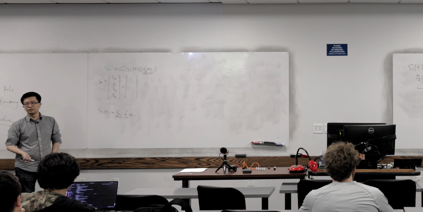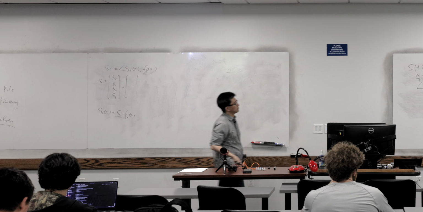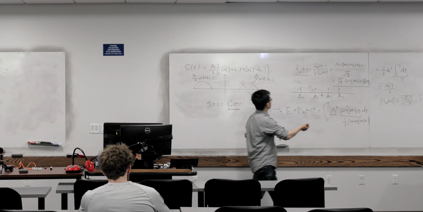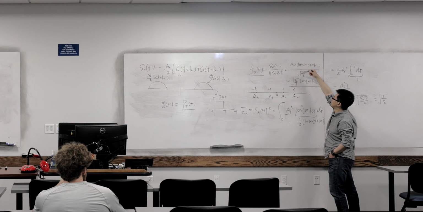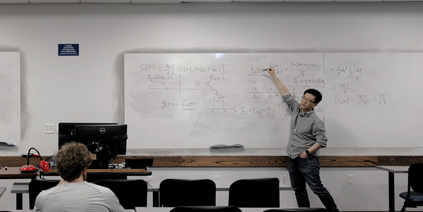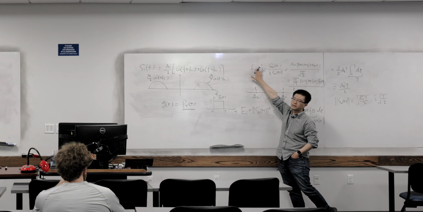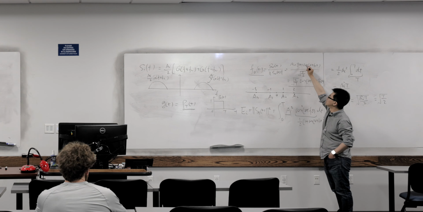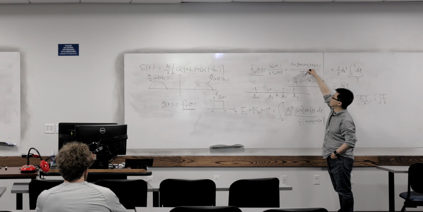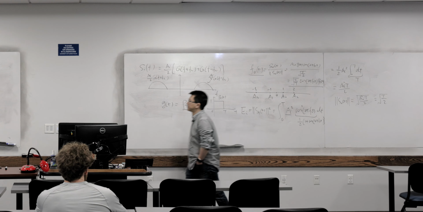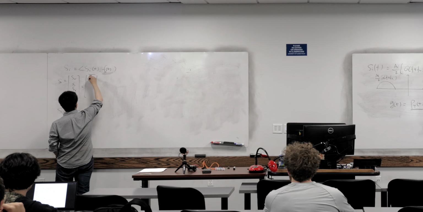So what is s_0? s_0 multiplied by f_0 should equal s_0(t). So it's easy to see that s_0 is nothing but the square root of t over 2.